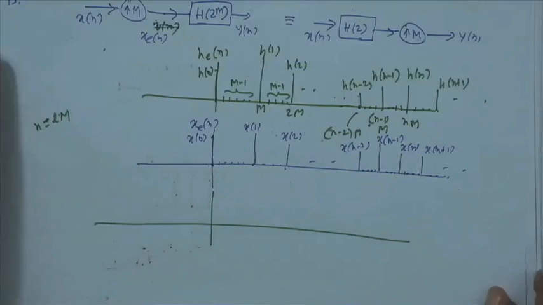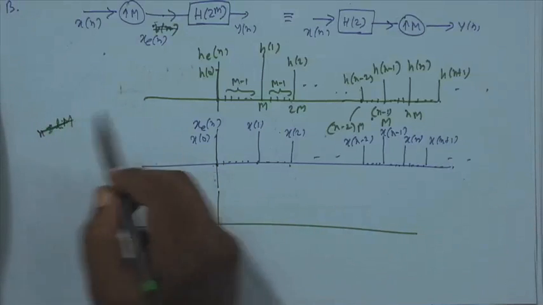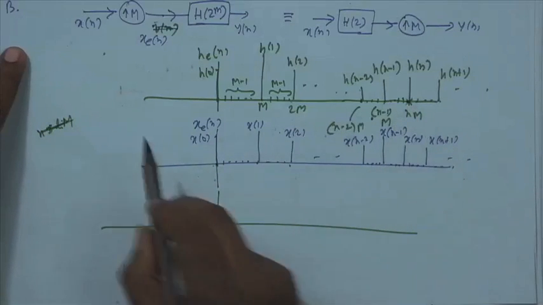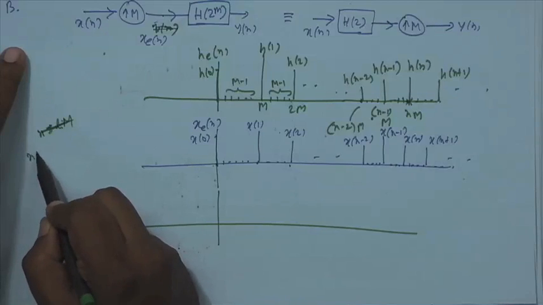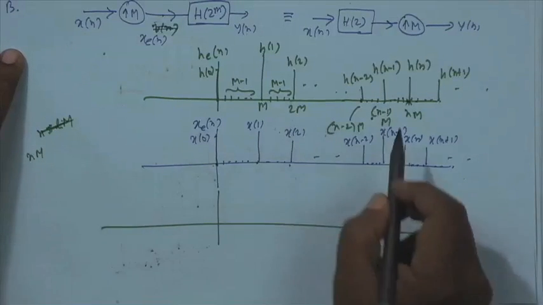So, I have to shift it. Say n m, I consider, instead of n, it is n m.